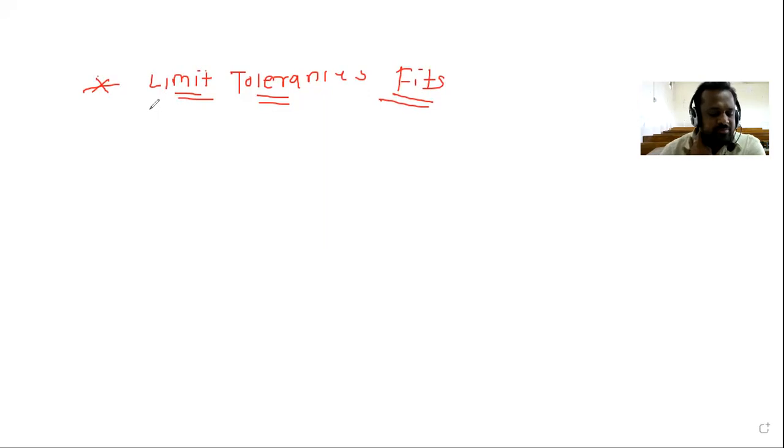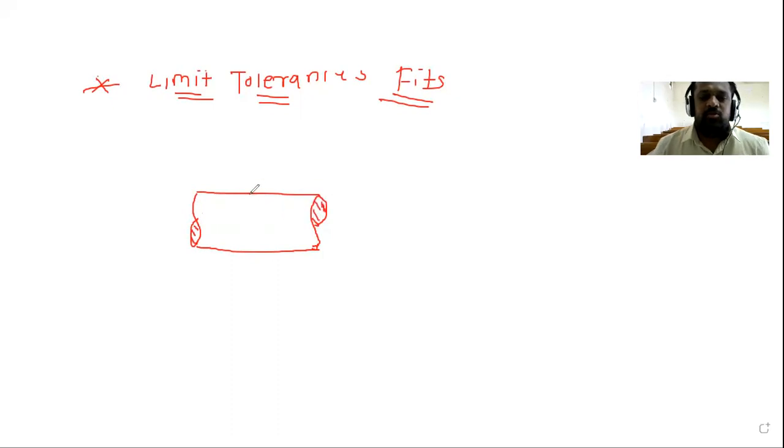Now suppose this is one shaft, and the diameter of that shaft is 30.